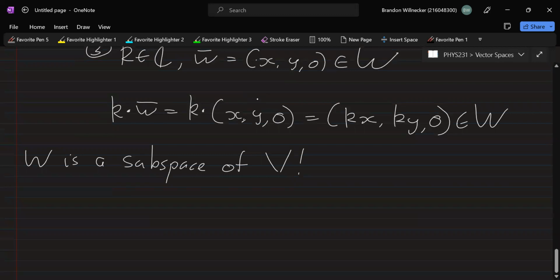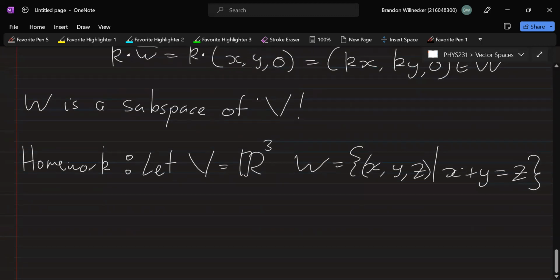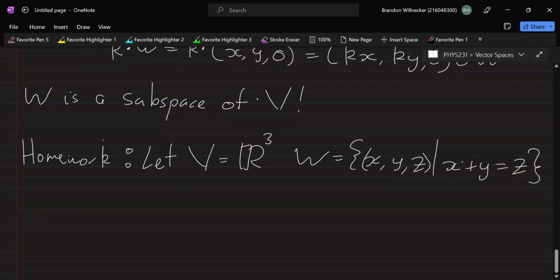Okay, so just another homework problem. Let V be R3. Okay, so not C3 this time, so it's R3. And W is going to be the tuples X, Y, Z such that X plus Y is equal to Z. So that is the condition that we're using to choose the elements.